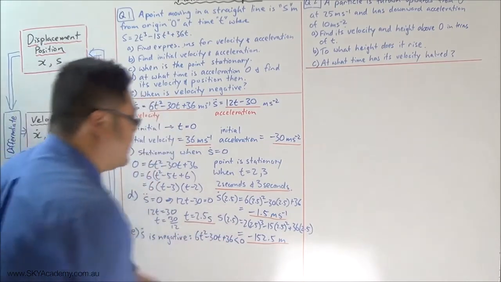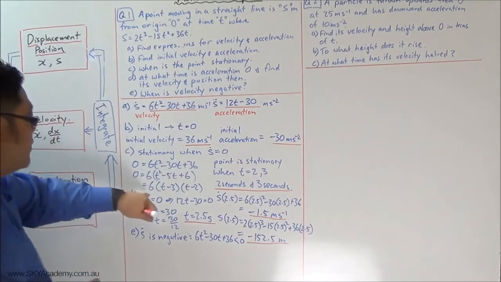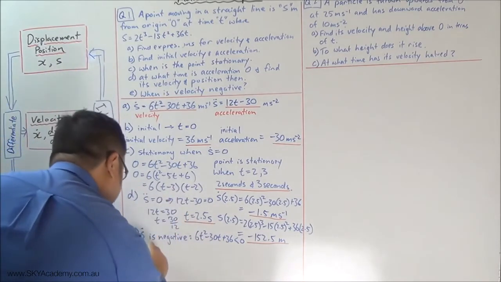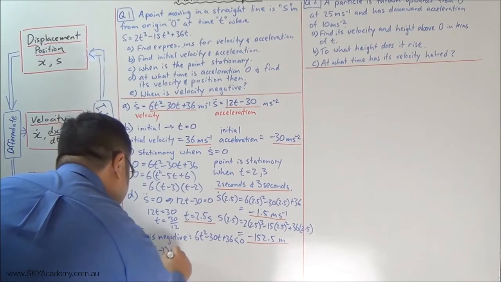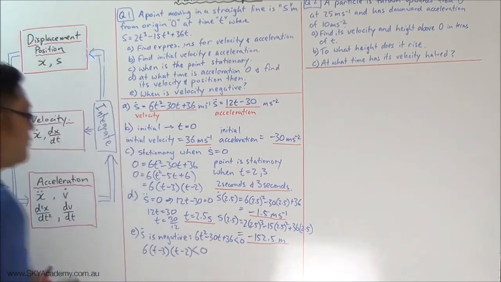We want when that is less than 0. Does that make sense? So this expression turns into this expression, 6 outside of t minus 3, t minus 2 is less than 0.